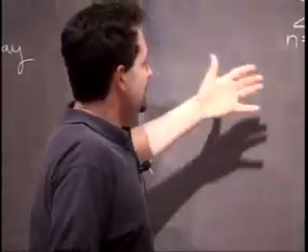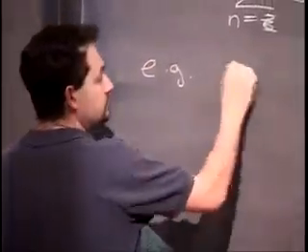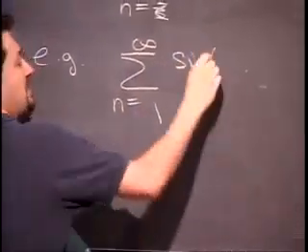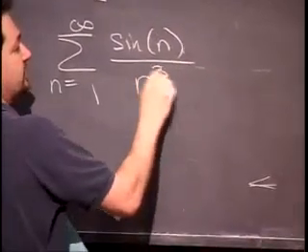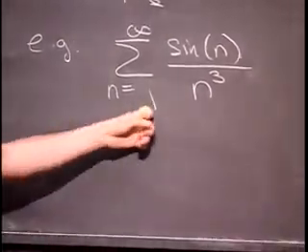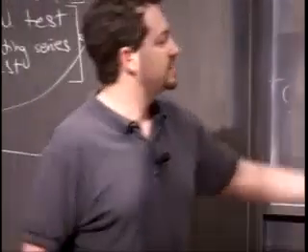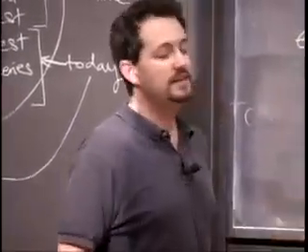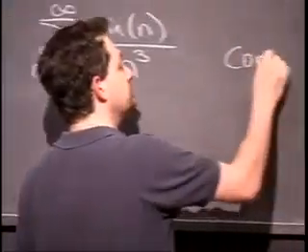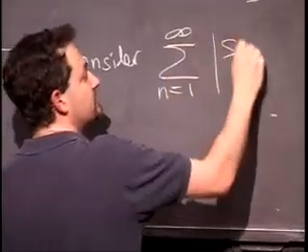So let's look at an example. Suppose we consider a classic example, sine n over, let's do n cubed for variety. Sine n over n cubed. Well, the n cubed is certainly positive because n is positive, but sine, remember, is sometimes positive, sometimes negative. So this is not always positive. We cannot use the comparison test directly on this. So instead I say consider the absolute version, which is the same except I whack an absolute value around the sine.